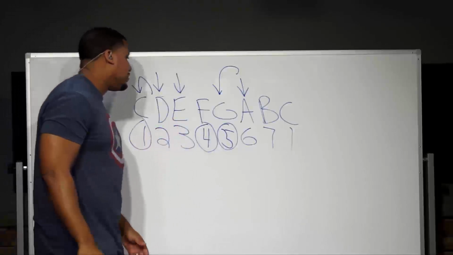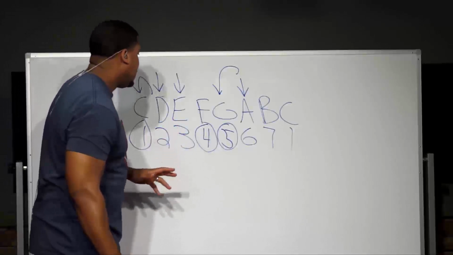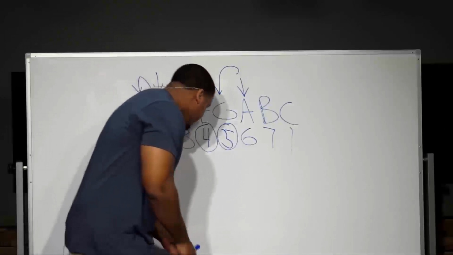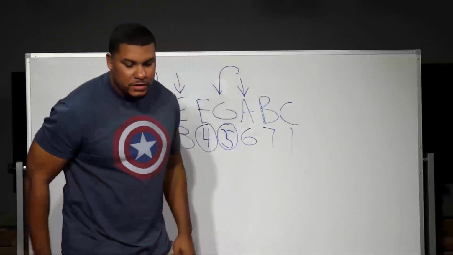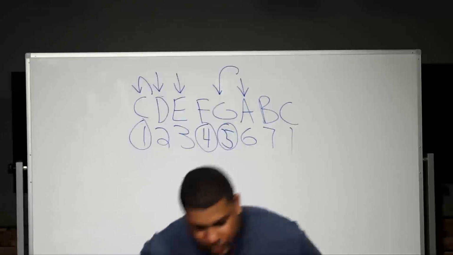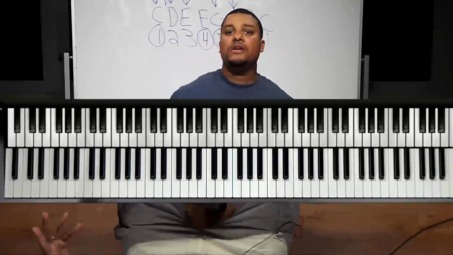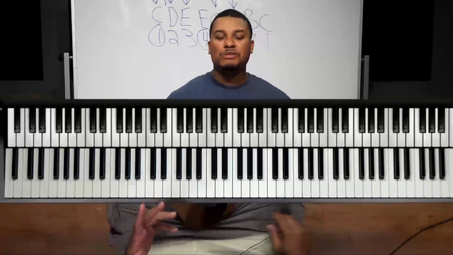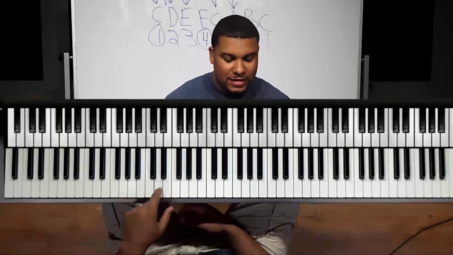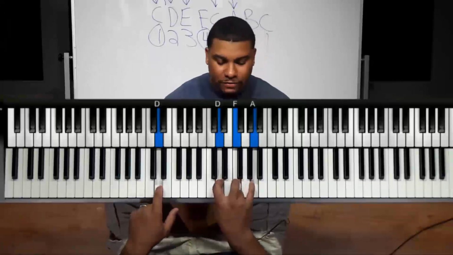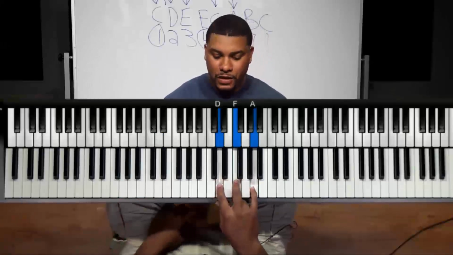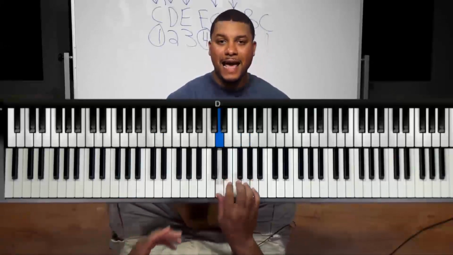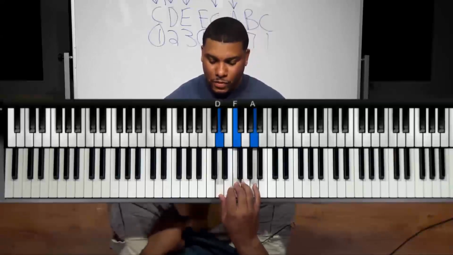We're going to get into the 3 if we have enough time, but let's just look at exactly what I'm talking about. So when you get into the 2, and you should know that when it comes down to basic harmony, if you've watched Gospel Keys 101, you should know that the 2 is minor. So if we look at a D minor chord, a D minor chord is D, F, and A, right?